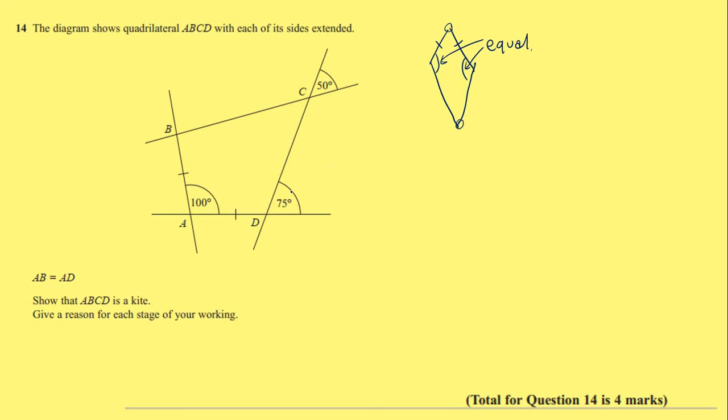Okay, so to prove for a kite, first I'm going to try to find out this angle here. Well, when you're doing these things, if you want to give a reason, it's easier if you just do it around the shape and you draw an arrow to it. So we're going to do 180 degrees on a line, take away 75 degrees, which is going to be 105 degrees, and that's because there are 180 degrees on a straight line.